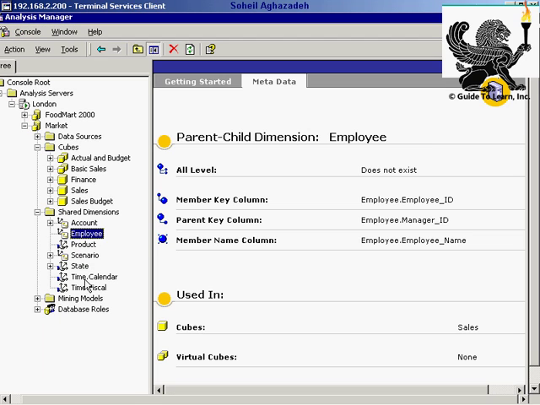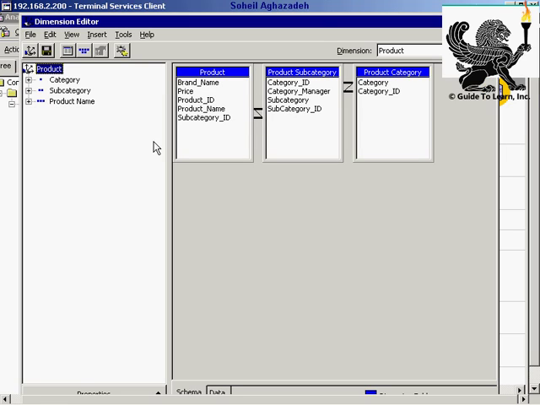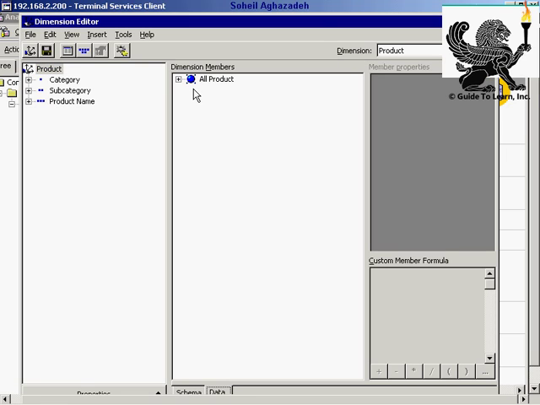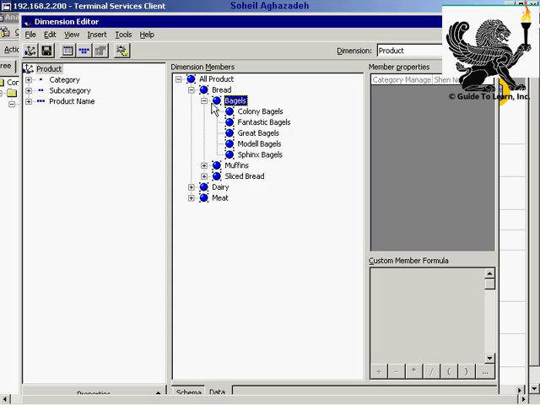Let's go and change the editor, and as you see, if I click on data, you might find some of these values have a member property. So the concept of a member property is to get the data from another location and relate that with this specific level. So as you see, the bagels have a manager called Sherinomer. So like Great Bagels has a price of 186.